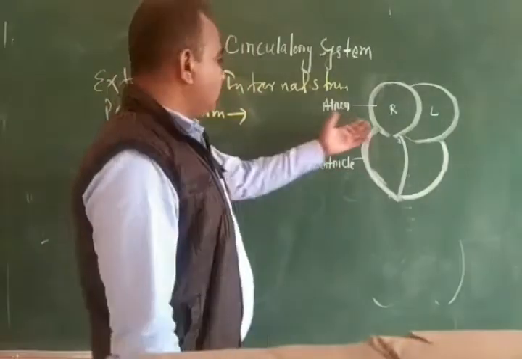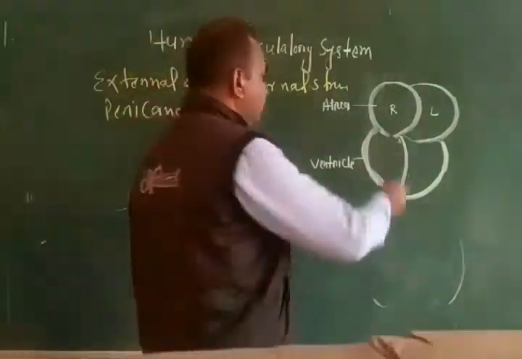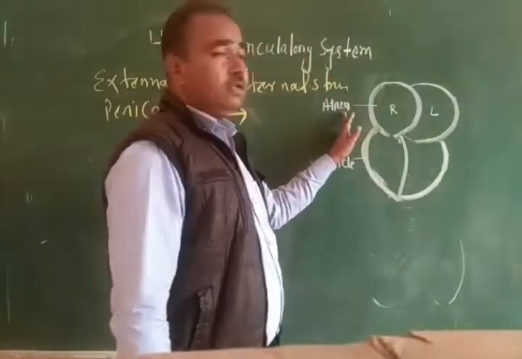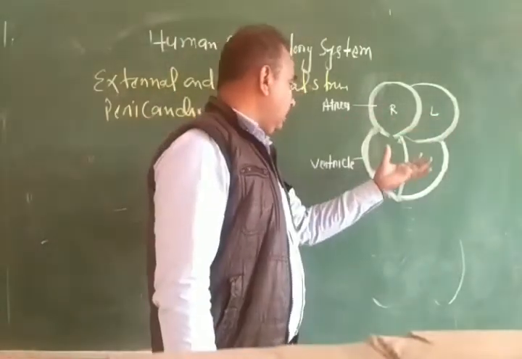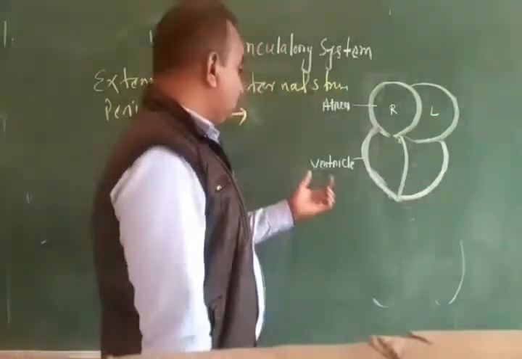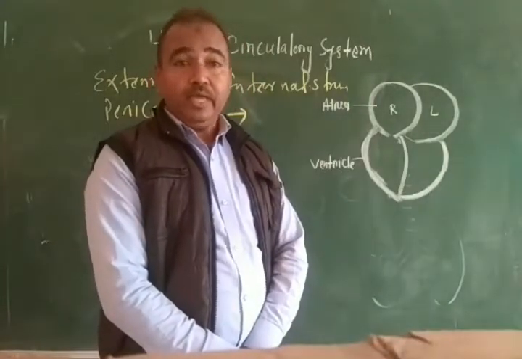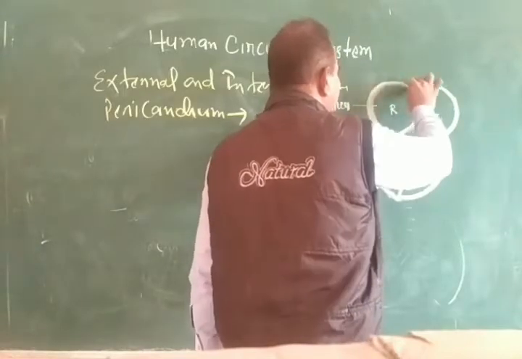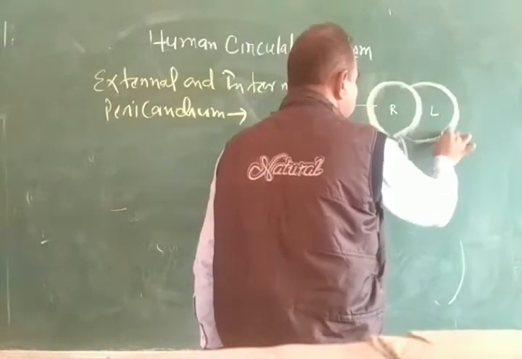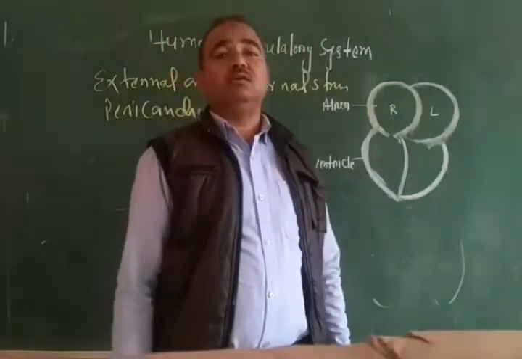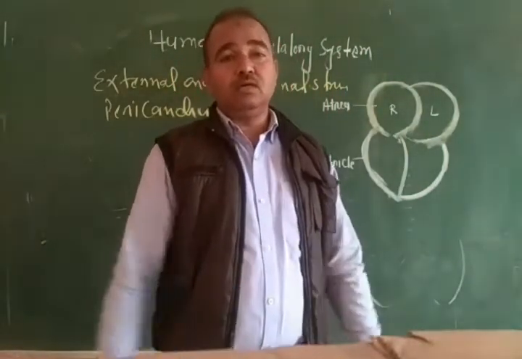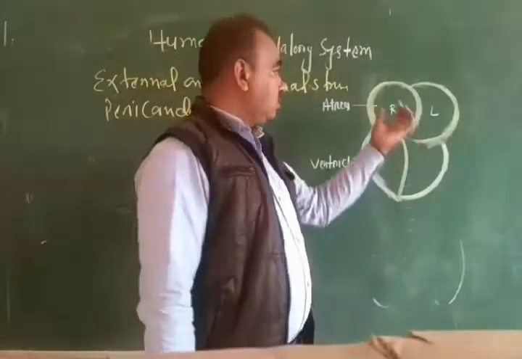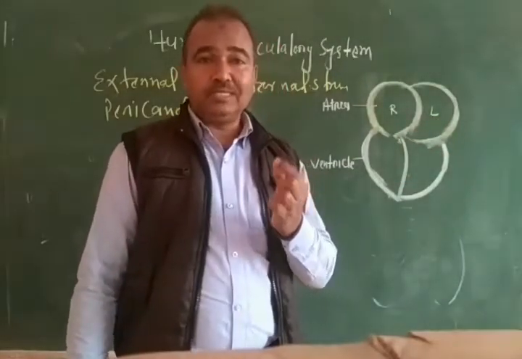When we discuss the different parts of the heart, there are two upper chambers, the atria. They are smaller than the lower chambers, the ventricles. In general, the heart is made up of a special type of muscle called cardiac muscle.